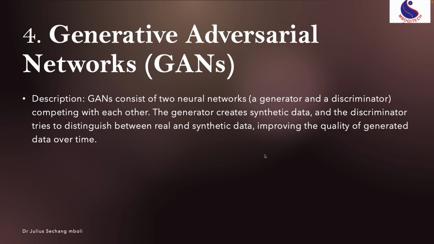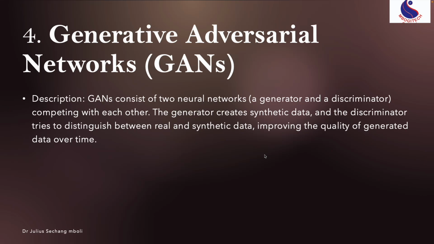GANs, or generative adversarial networks, consist of two neural networks, a generator and a discriminator, and they are competing with each other. The generator creates synthetic data and tries to fool the discriminator. The job of the discriminator is to distinguish between the real and the synthetic data.